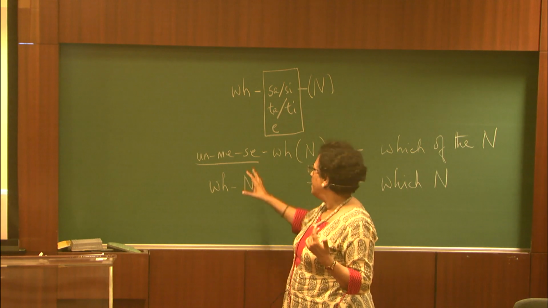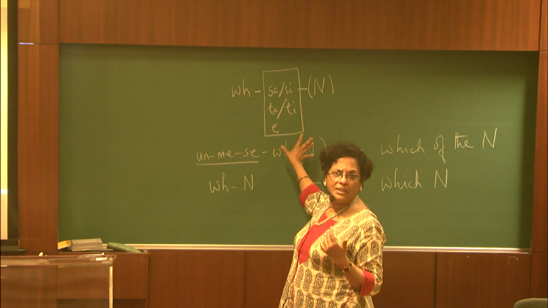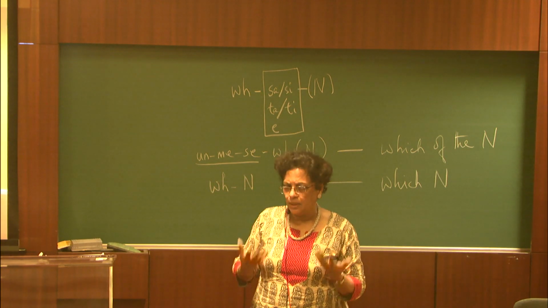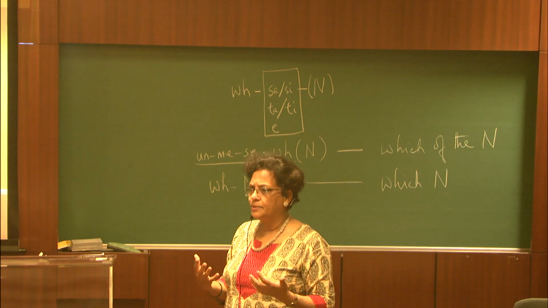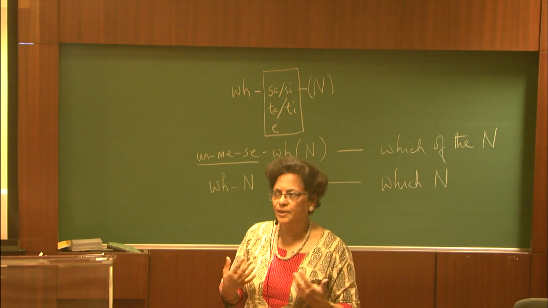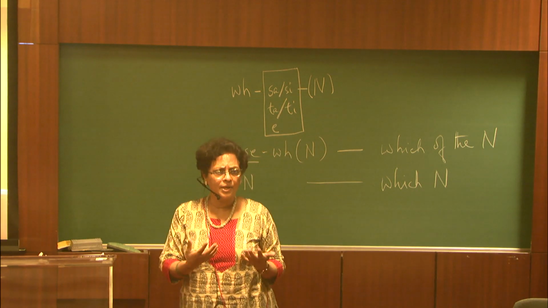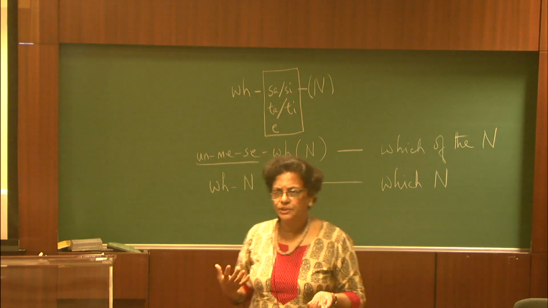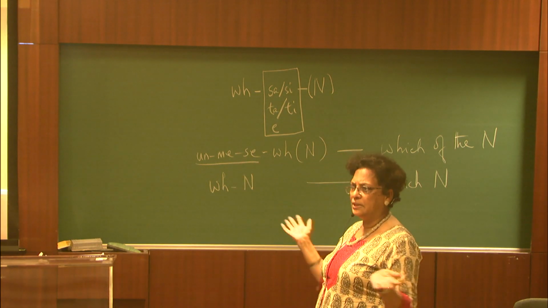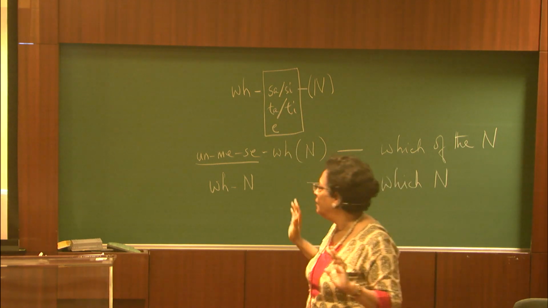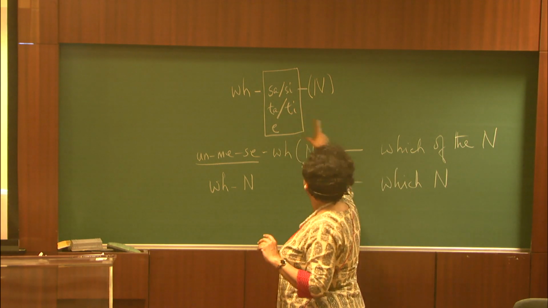So there's nothing special about the WH, because the un and in encode familiarity. It's good in those contexts where there's a given set of entities that the WH ranges over, and not when it is understood or all you have is some human being. So that is not the problem.